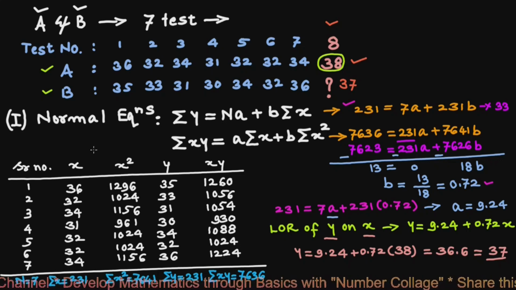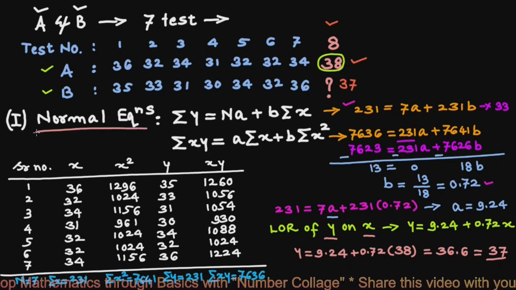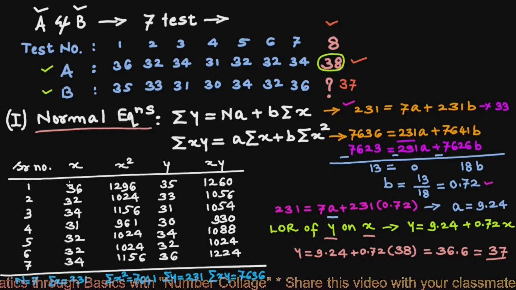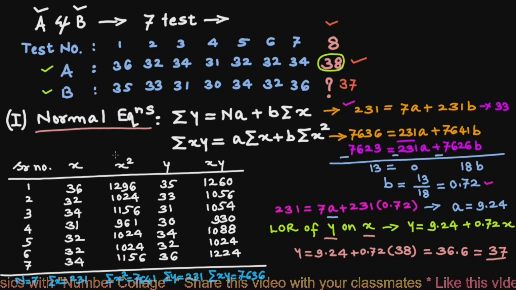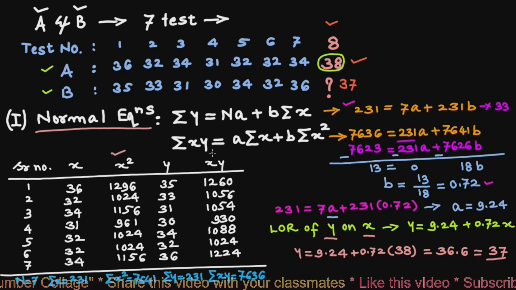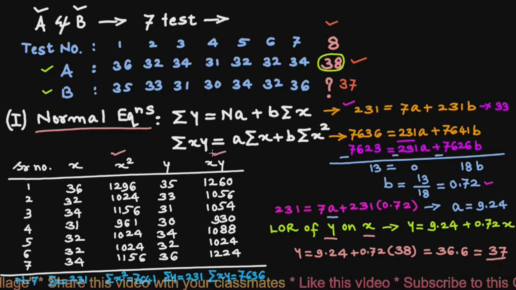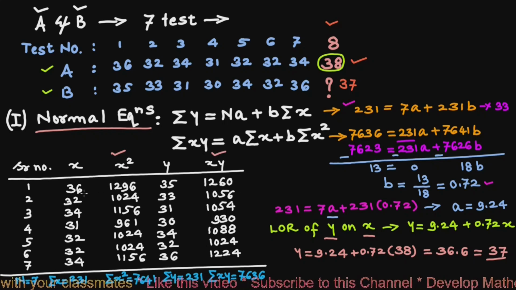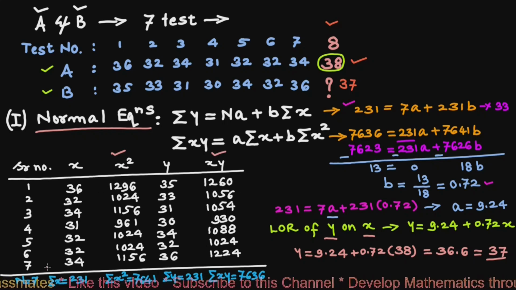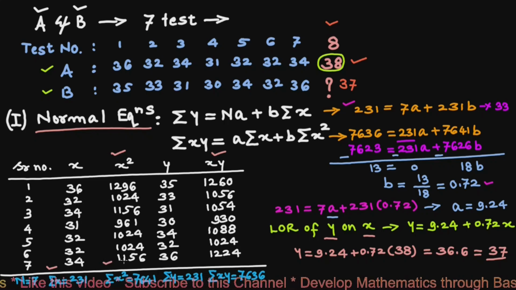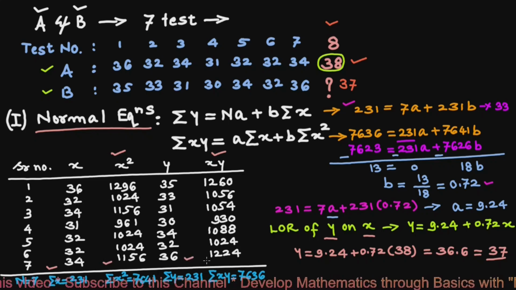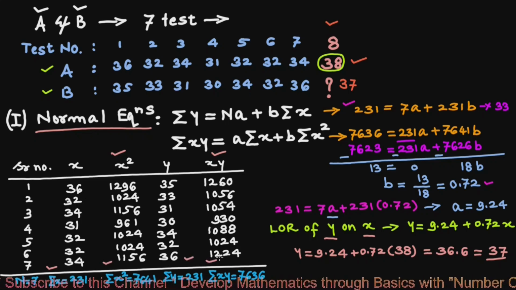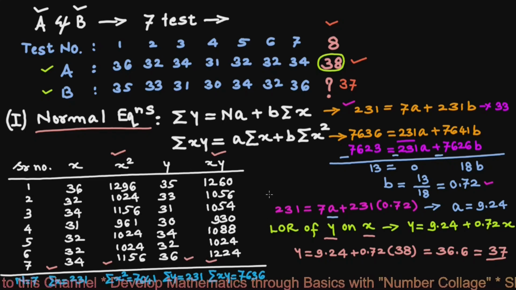Solving this problem by using normal equations involves a lot of calculations, such as finding squares and finding the product of two numbers, especially when the numbers are bigger. And after that we also have to find summation x, summation x square, summation y, summation xy, etc., which is also going to be tedious and time consuming.